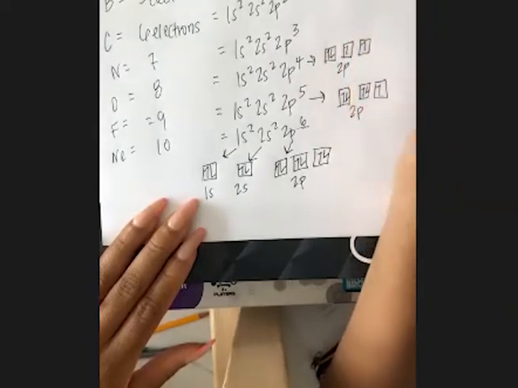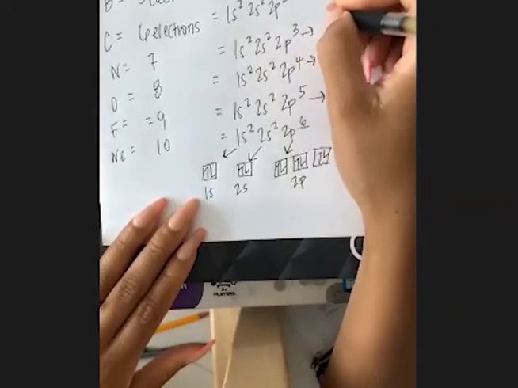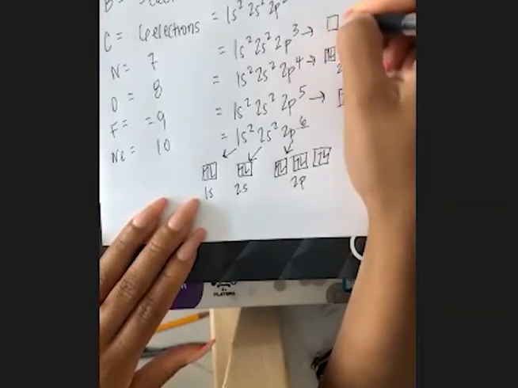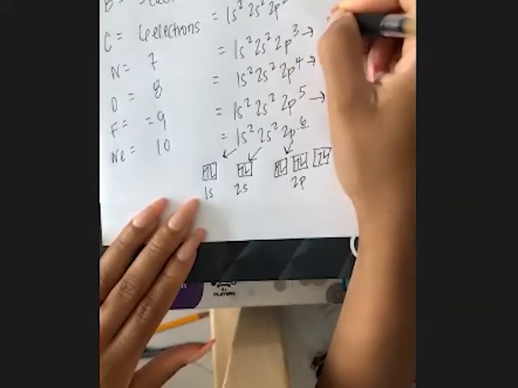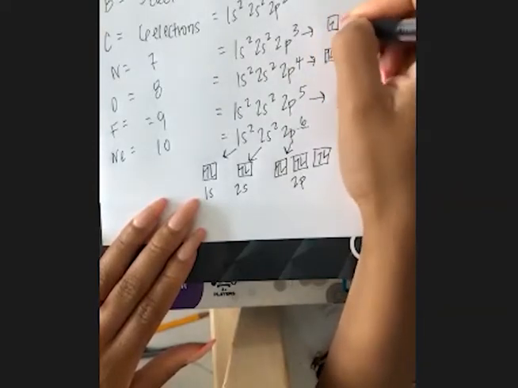Do you guys see the difference in what I'm saying? I have to fill it out singly first and then come back up and double it. With the 2p3, it would look like this. 1, 2, 3.